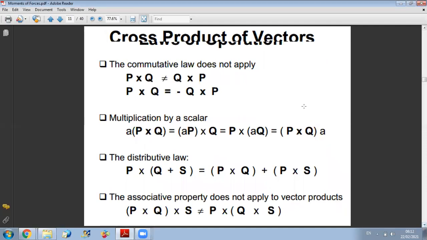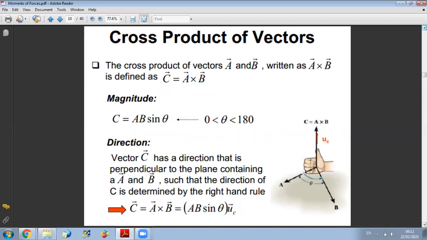Now, some properties to know about vectorial products. First, it's not like numbers. P vectorial Q is different than Q vectorial P. It's the opposite. It's minus. Why? What will change? If you go back to your figure here, the magnitude will stay the same, but if you invert A, then if you do the right hand rule, C will be downward.